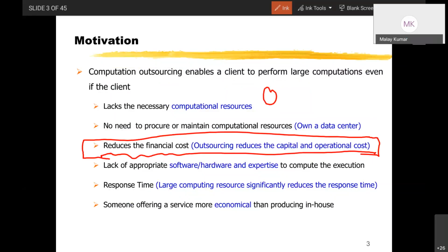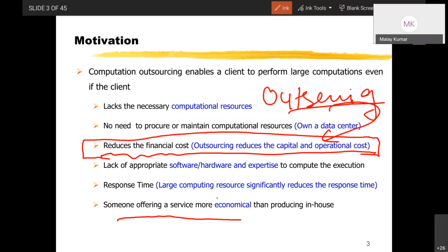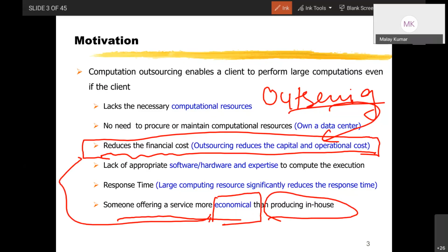As you know about outsourcing, why does outsourcing happen? Outsourcing happens because someone is offering a service more economically than producing it in-house, and in this way the client is able to save financial cost whenever they are outsourcing their work to the cloud environment.